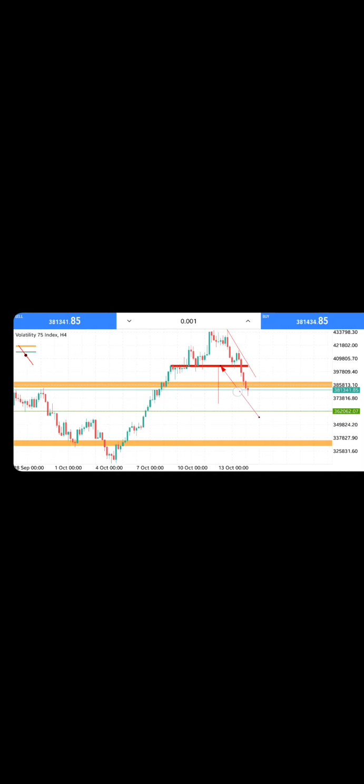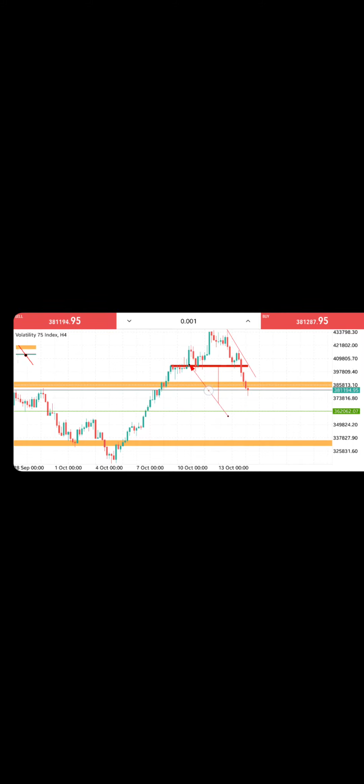So when you measure from the start, this double top here, come down to the neckline, you could see that it's the same thing from here to here.